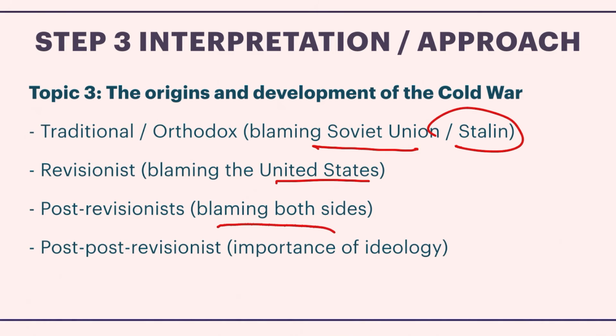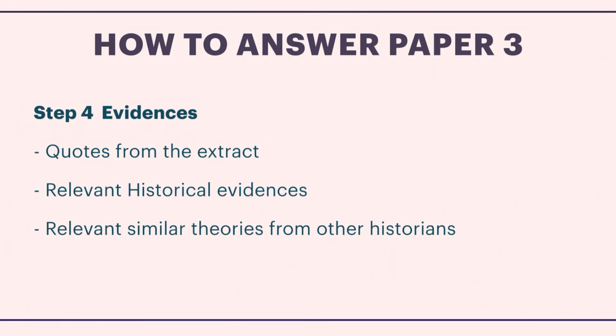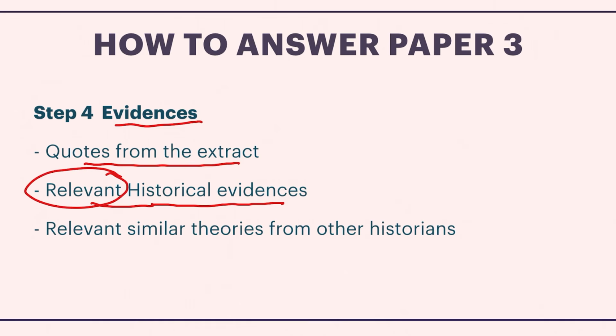Then there is another group that was not looking at the countries, but more at the ideology. When you are looking at the approaches or interpretations, make sure you include the evidence, which is the quotes from the extract, and the historical evidence must be relevant. Also, if you have relevant similar theories from other historians, you can mention them.